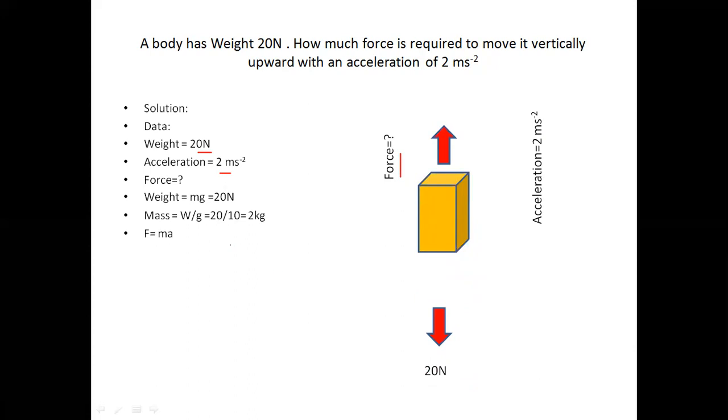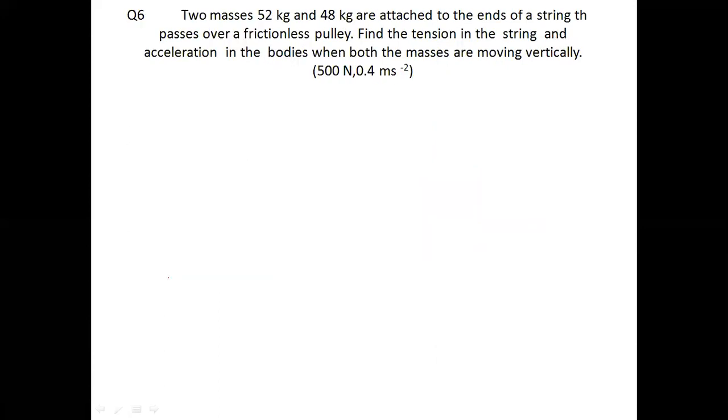As we know, the weight is equal to mg, which is equal to 20 Newton. So the mass will be equal to W divided by g, which is 20 divided by 10. So the mass will be equal to 2 kilograms. Now we have the mass and acceleration with us. Now we can put in the formula F is equal to ma. We'll get 2 kilogram multiplied by 2 meter per second square. So the force will be equal to 4 newtons.